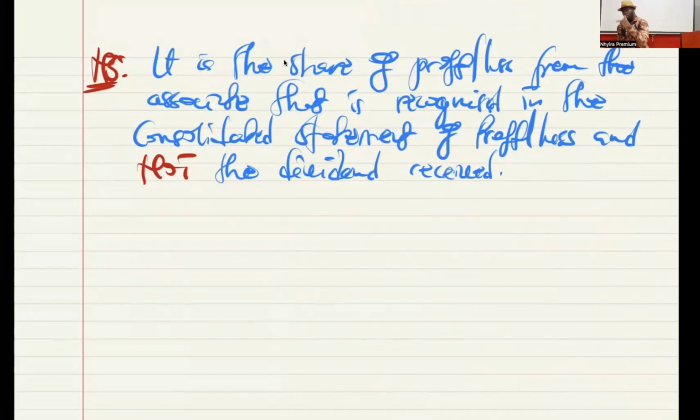Instead, it is a share of profit. What does that mean? Just like how we did the adjustment when we're doing the financial instrument, if in a given question there is a note that the dividend received from the associate has been included in the income of the parent, then we have to remove the dividend, but rather bring in the share of profit from the associate. That's very important. That is very, very important.